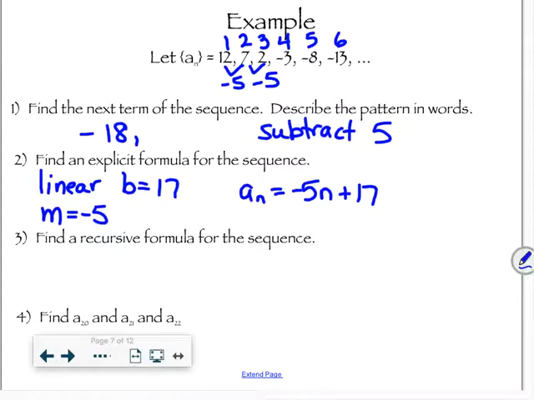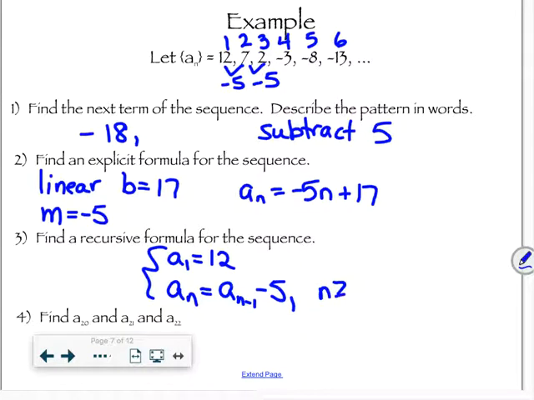All right, the recursive formula. You need to state the first term, and you just pay attention. The letters will change, okay? This sequence is described by a sub n. So the first term is 12. And recursive just tells you what you have to do to the previous one to get the next term. So the previous one is a sub n minus 1, and then we said subtract 5.